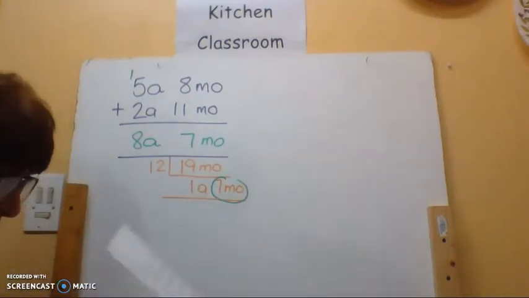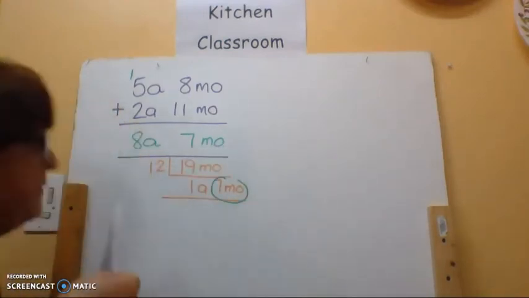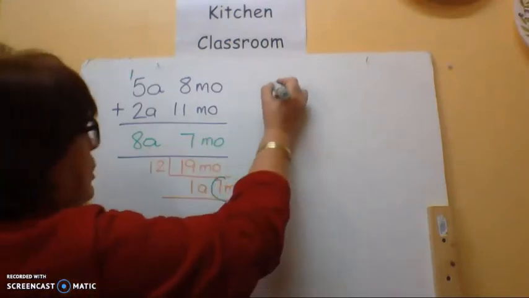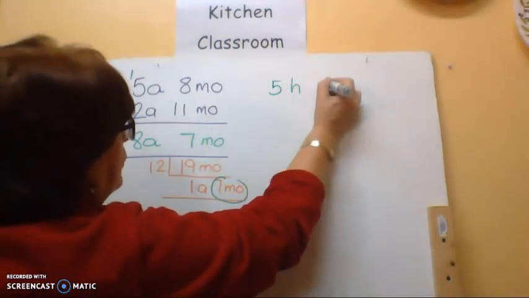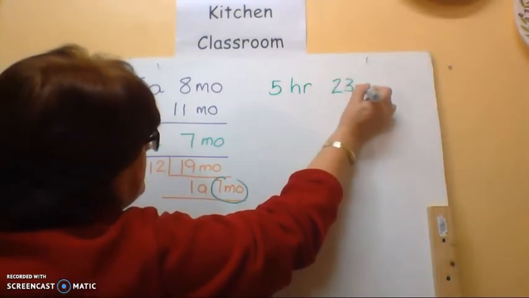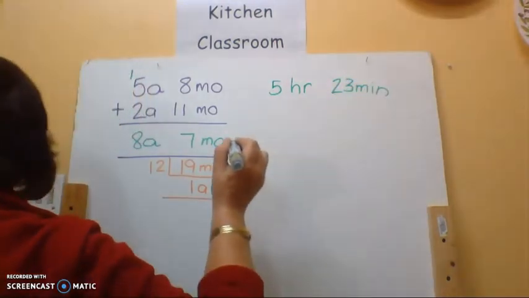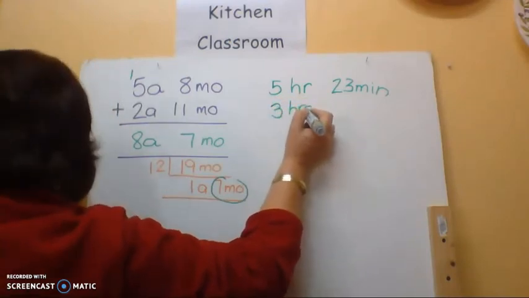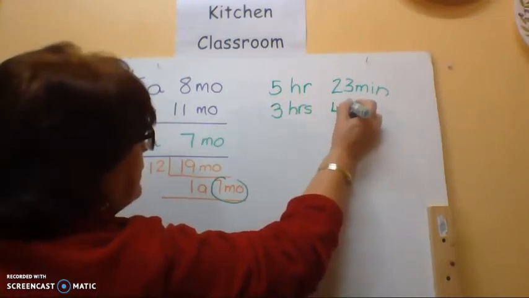I'm going to try 5 hours, 23 minutes. So we can say 5 hours and 23 minutes. And we are going to add 3 hours and 48 minutes.